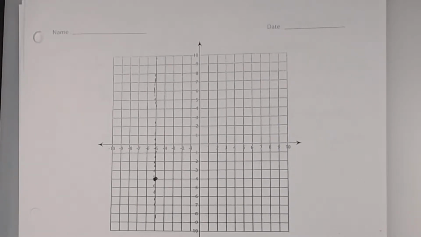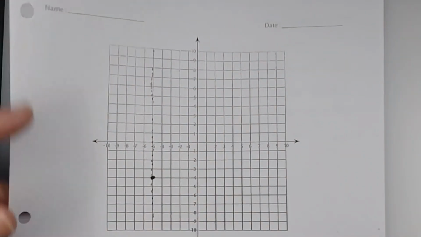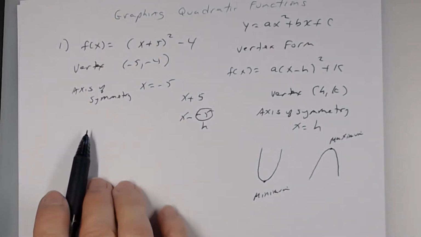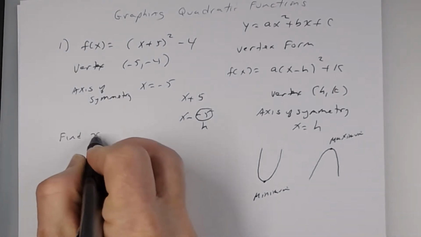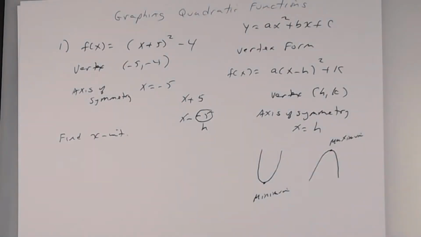Now remember, you've got to graph a parabola, so you need some more points. One of the things you're going to be told to do is to find the x-intercepts. Everything you know to do this, you've had already, on the last test and in previous courses.